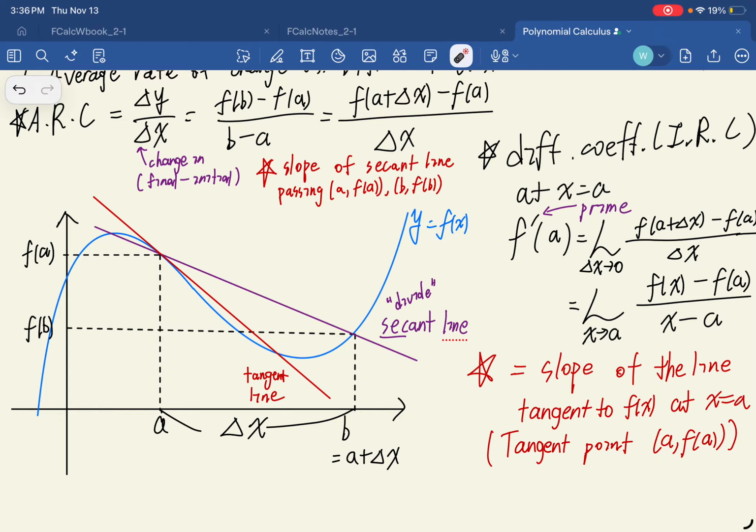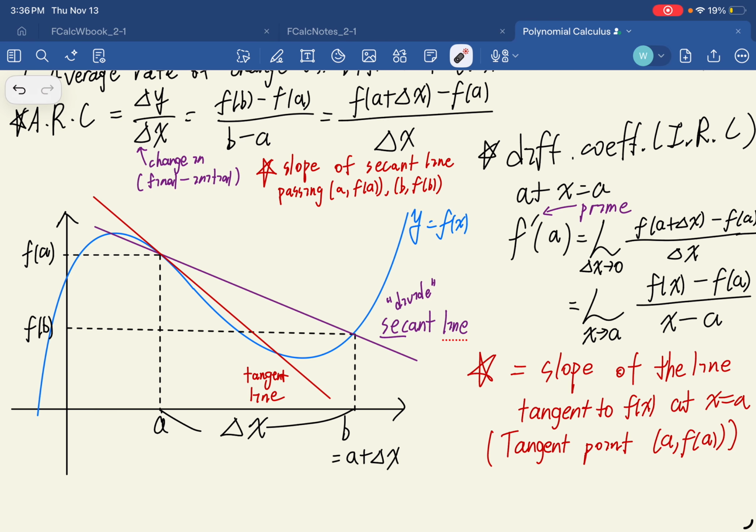Delta x would be negative, and then the formula would stay the same because you're keeping the order. Now, the function value at b is going to be f of a plus delta x, right? And then the function value at a is still going to be f of a. So you get this expression. These two are the same expressions. They're equivalent to each other.